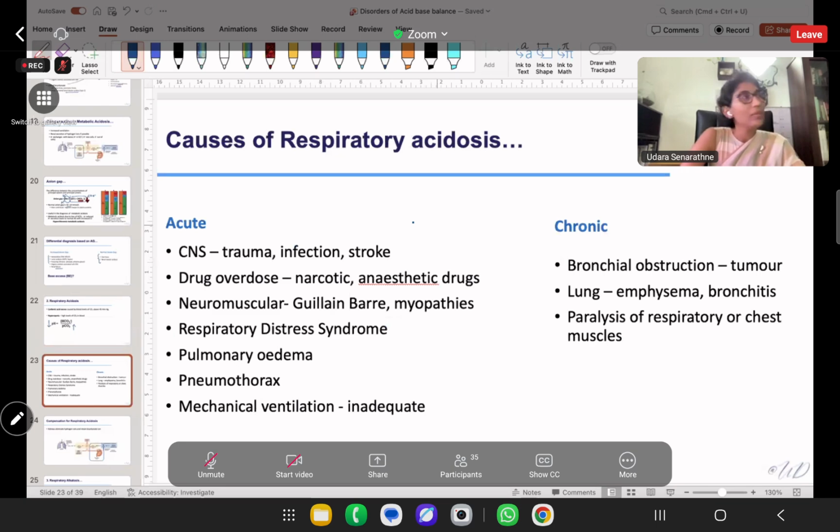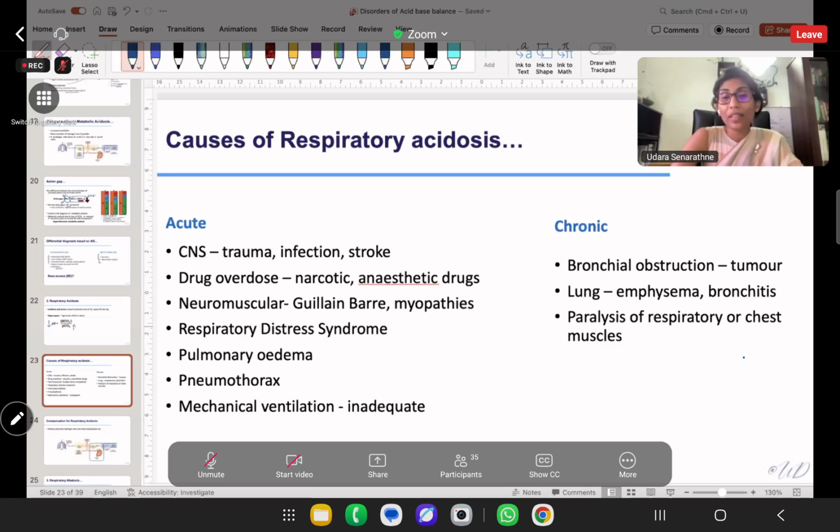And the reasons why and when you get respiratory acidosis. These can be either acute or chronic. In acute, there is an acute condition going on in the body, such as trauma, infection, sudden respiratory failure, mechanical ventilation issues, pneumothorax, these things, or chronic, where your system is building up.